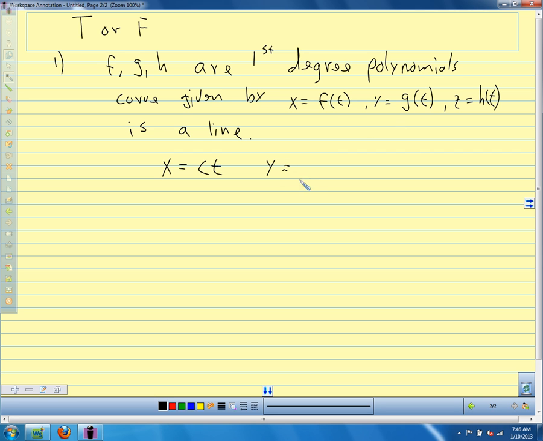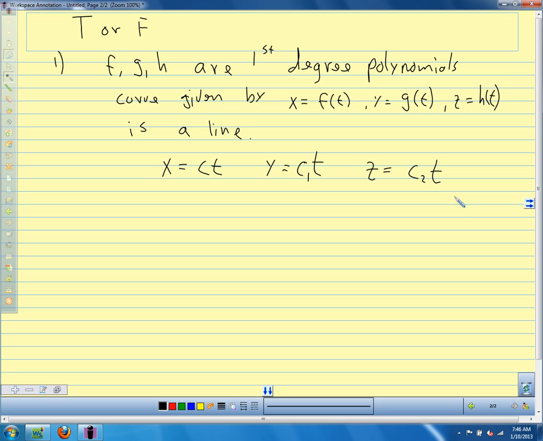Let's not use d because that looks like the derivative. How about c1? y equals c1t. z equals c2 times t.